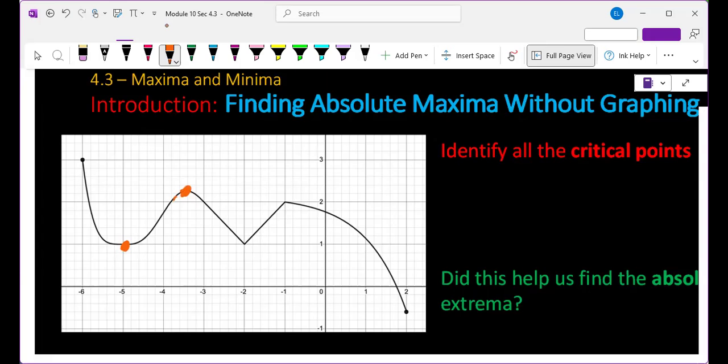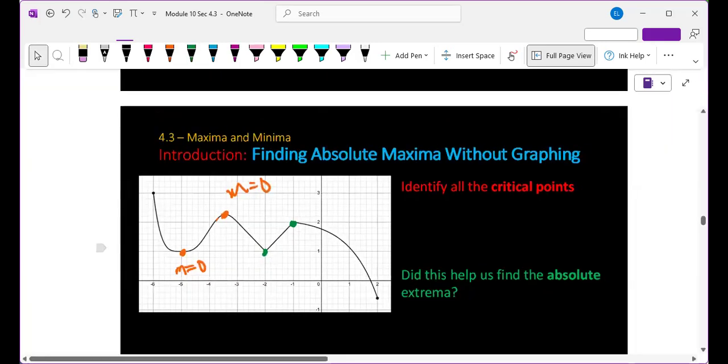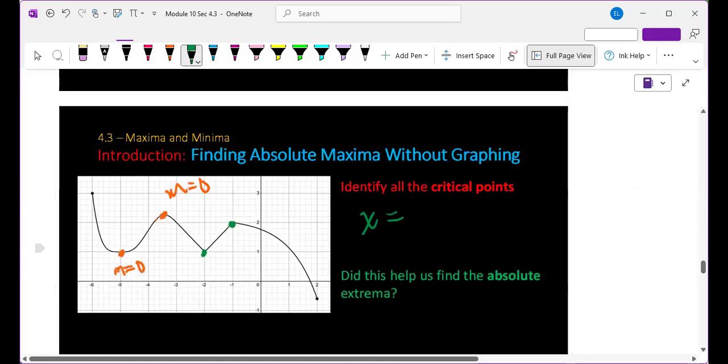Those are my only two 0 slope points. Now, I also don't want to pick up on any funky corner points. So we got a corner point there and a corner point there. So all of the critical points, we've got x equals -1, -2, roughly -3.5, and -5.